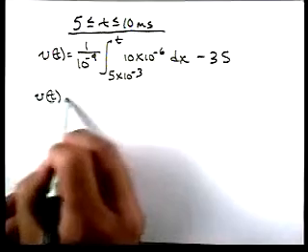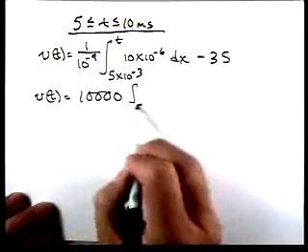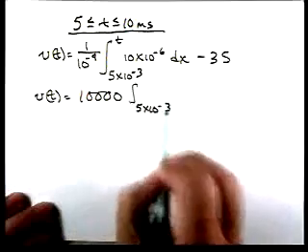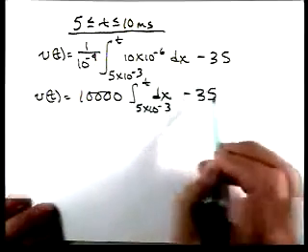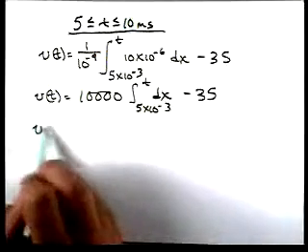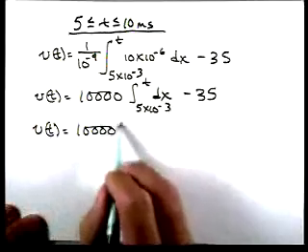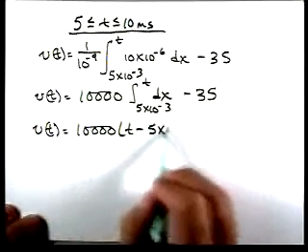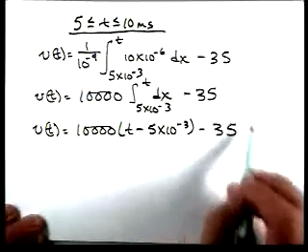So now we have 10,000, and if we integrate and plug in, we get 10,000 times t minus 5 times 10 to the minus 3, minus 35.